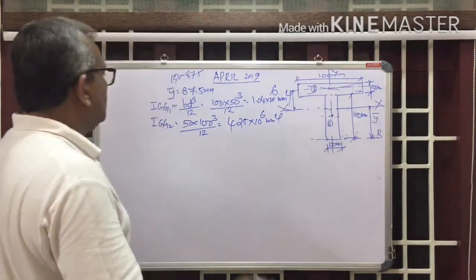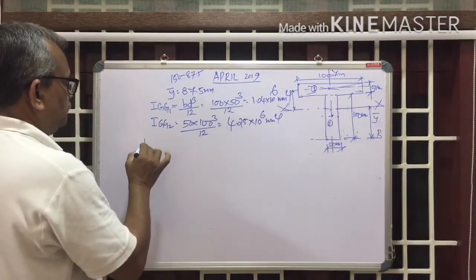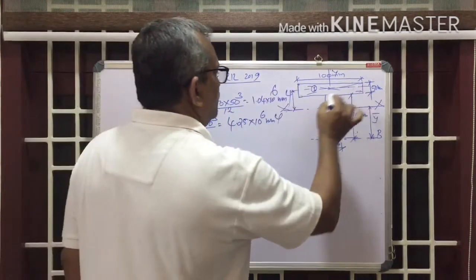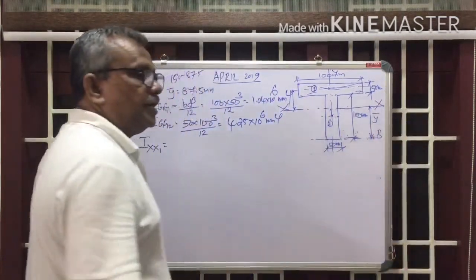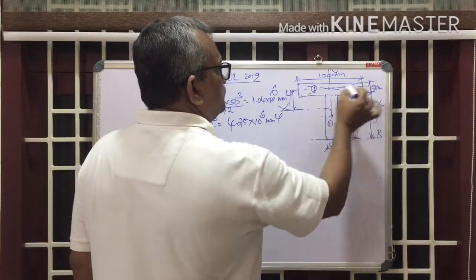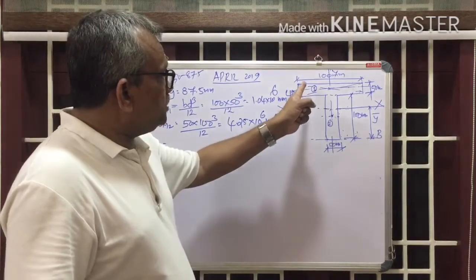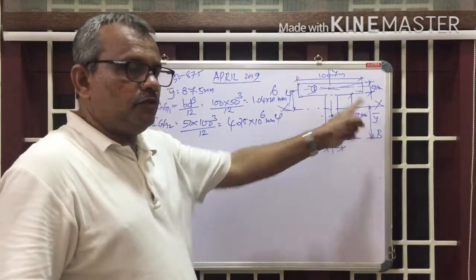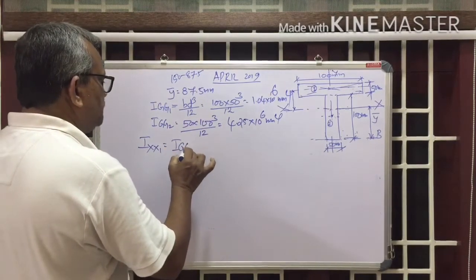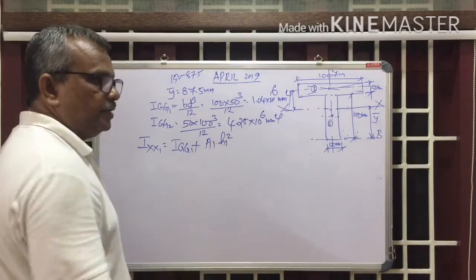Now apply the parallel axis theorem for Ixx1 and Ixx2. What is Ixx1? The moment of inertia of the first rectangle about the xx axis. The two axes are parallel, this is GG and this is xx. So to find the moment of inertia of the first rectangle about xx, we use the parallel axis theorem: Ixx1 equals IgG1 plus A1 into h1 squared.